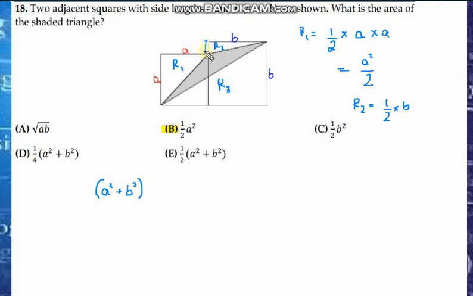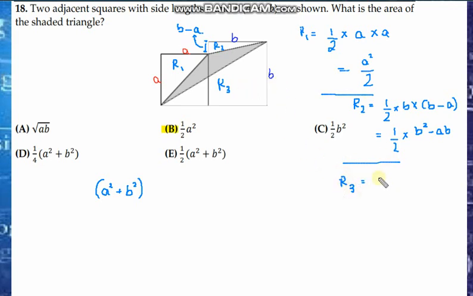If this is B and this is A, then this remaining length would be B minus A. So multiplied by B minus A. Let's simplify that: equals half multiplied by B squared minus AB.